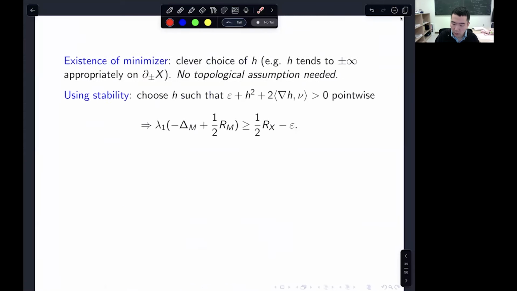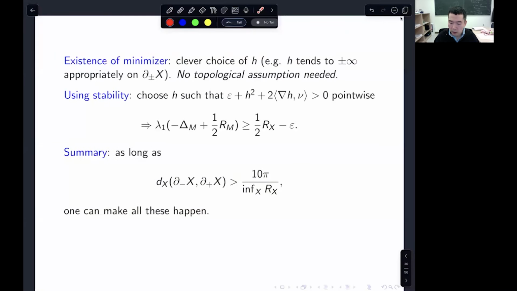The upshot is that if we can squeeze a little bit, let's say squeeze epsilon from the positivity of the ambient scalar curvature term, and move it to the right-hand side, and choose an h function such that this inequality is true, so the expression on the right-hand side is positive pointwise, then the conclusion we get is that the first eigenvalue of this important operator on the hypersurface, on this mu bubble, is larger than or equal to the original scalar curvature, but you just lose a tiny, arbitrarily small bit.